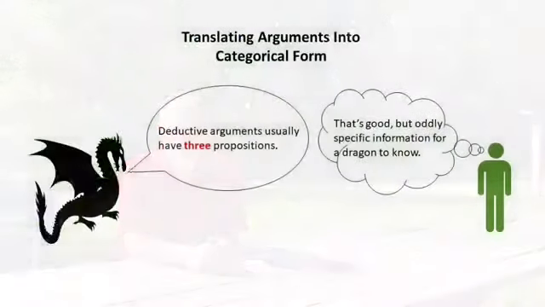Now, before we do that, let's review real quickly what we're talking about. So here's our little dragon guy, and he says, deductive arguments usually have 3 propositions. So you may hear somebody talk for a long time, but if you can boil it down to 3 propositions, that's what makes up a deductive argument. Of course, the little person in green says, that's good, but oddly specific information for a dragon to know.